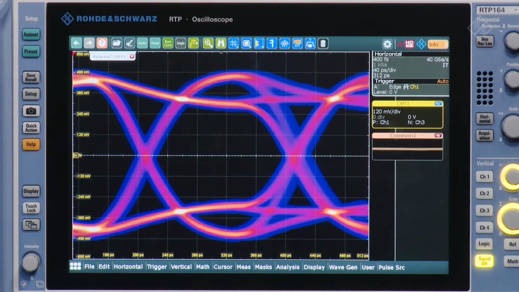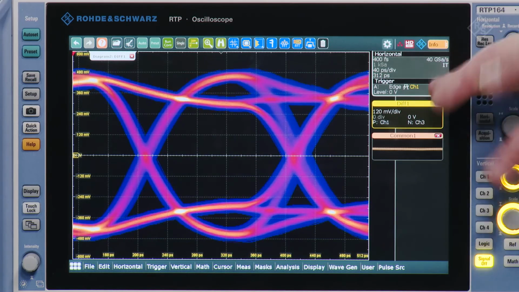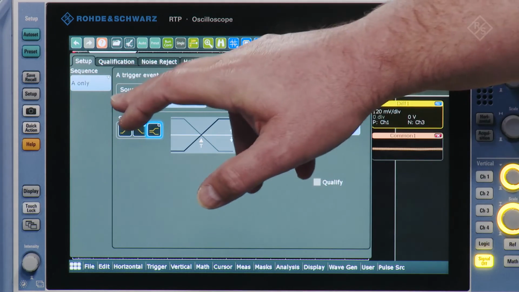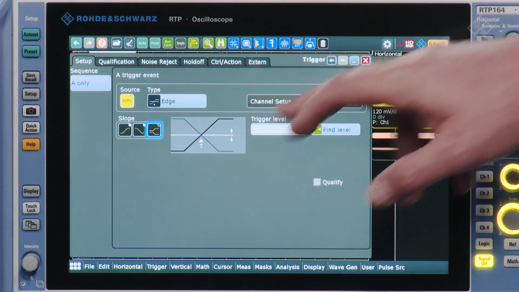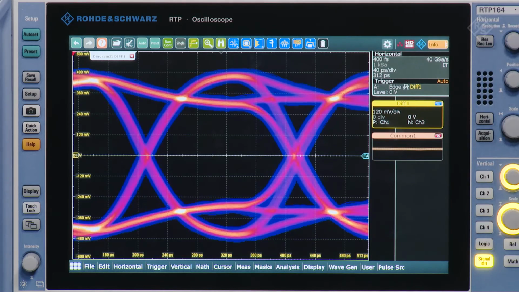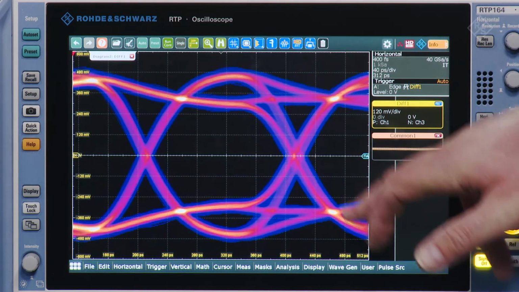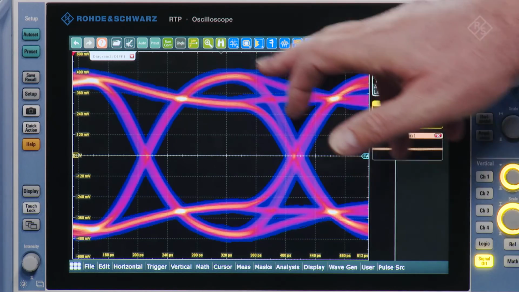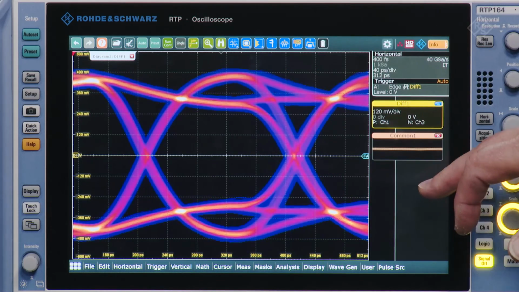We see already the eye pattern as we did before. The trigger can be set to the difference between channel 3 and channel 1. And now we get an accurate setting, and we do essentially the same now. We will turn on the histogram.